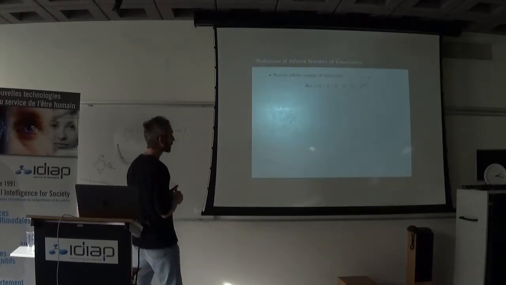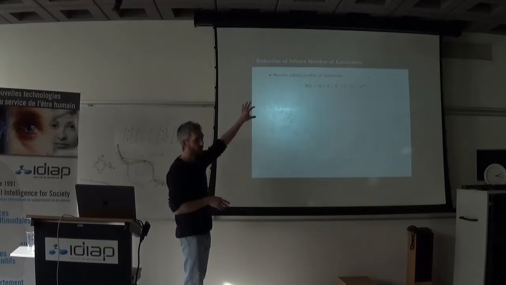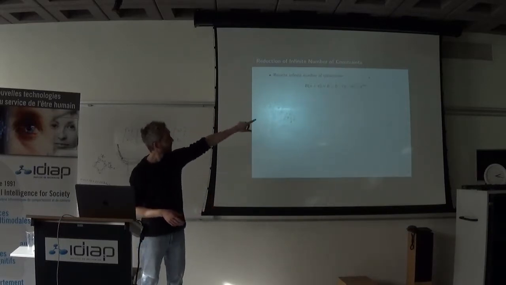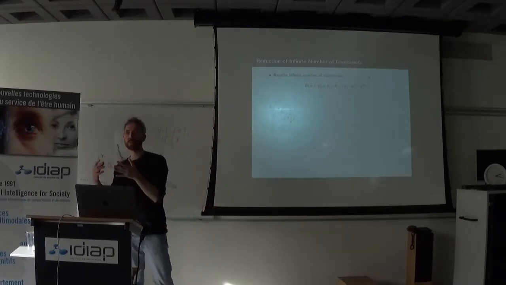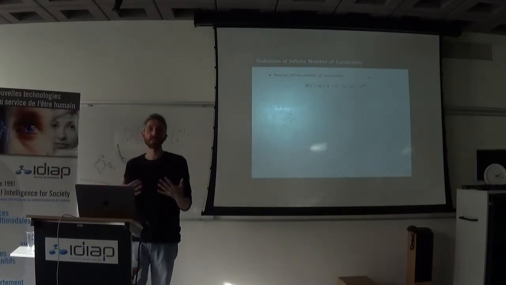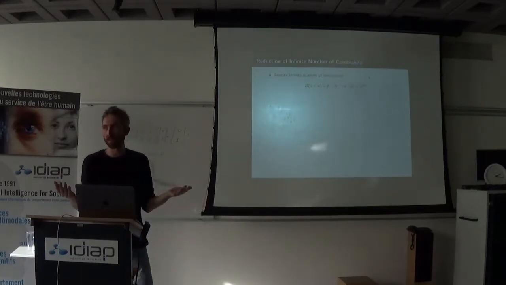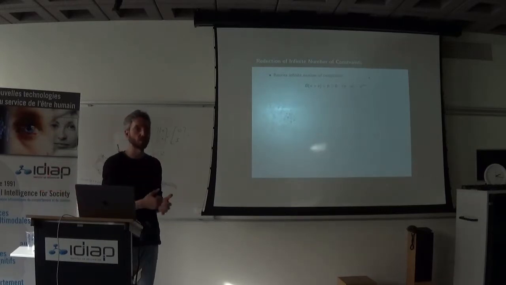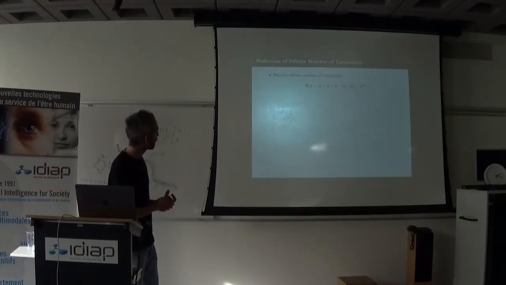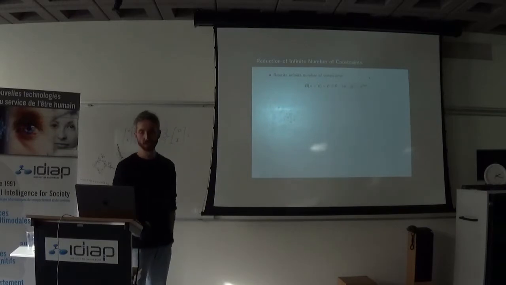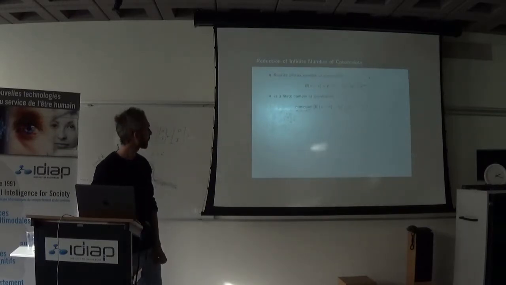So first of all, let's see how we can transform these infinitely many constraints into something that is tractable, so a finite number of constraints, because that's what we know how to solve, or at least numerical solvers know how to solve. So these are the original constraints, which are infinitely many.